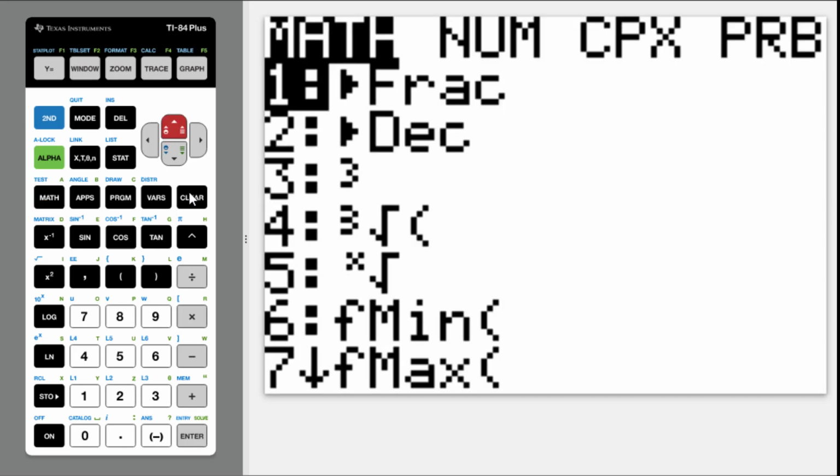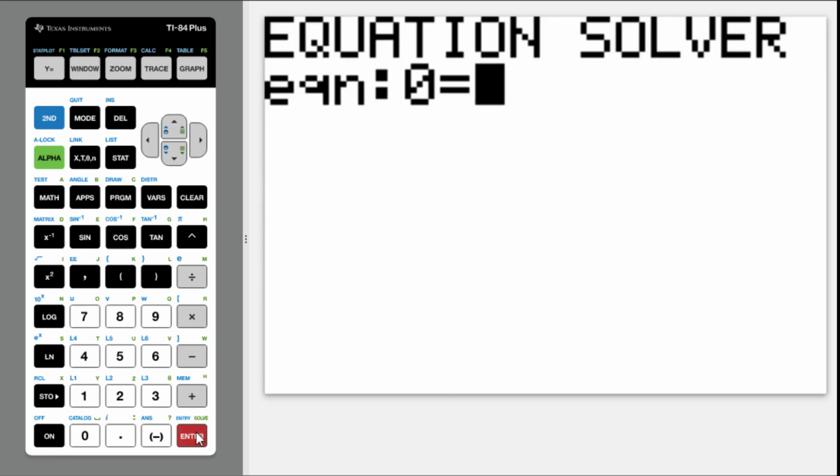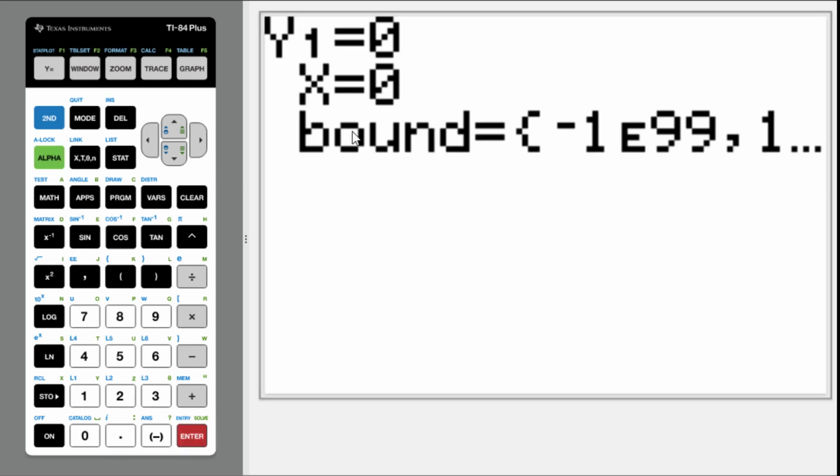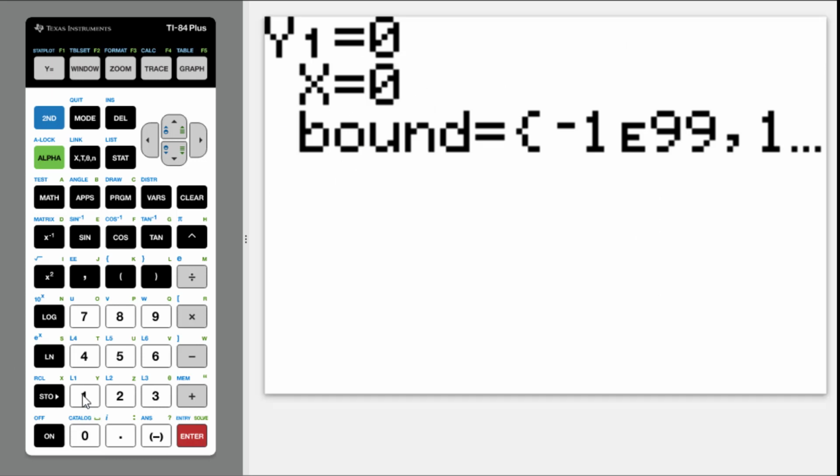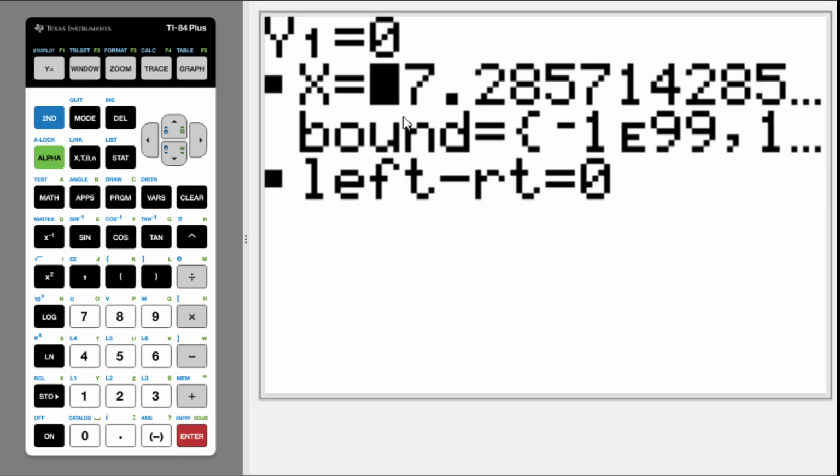Math, up arrow, enter. Alpha trace y1. We need to put in an estimated number. Let's use 10. Then alpha, enter.